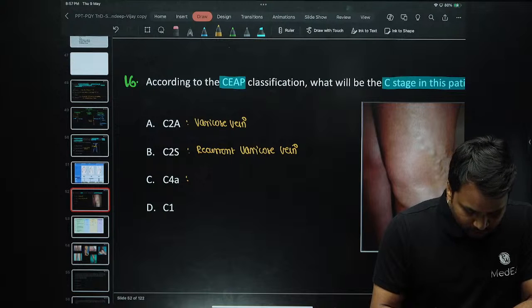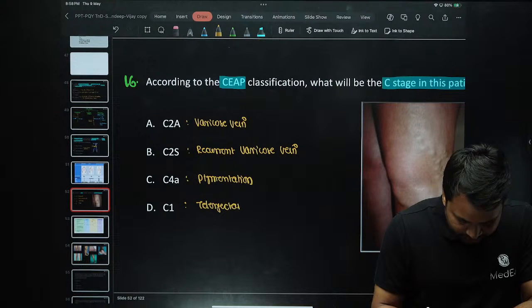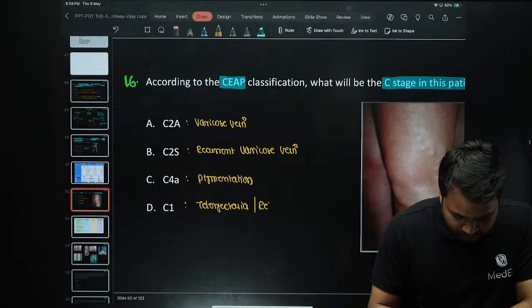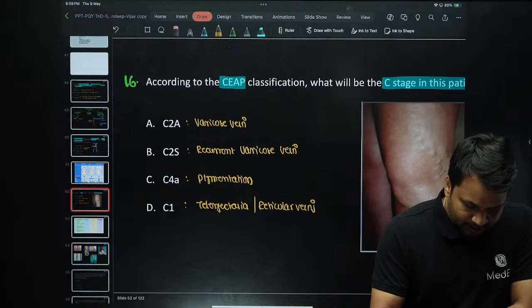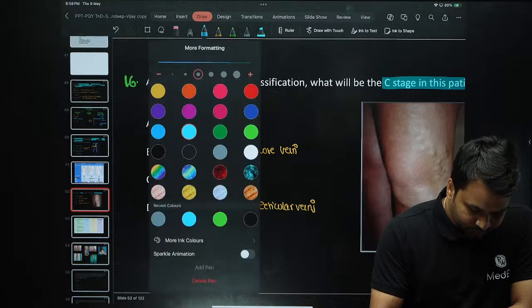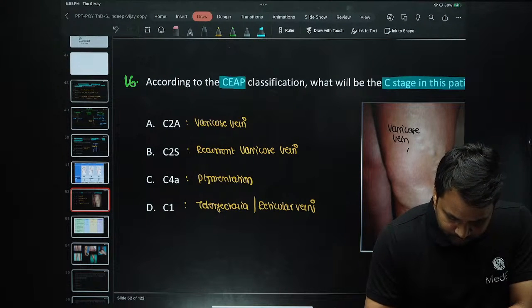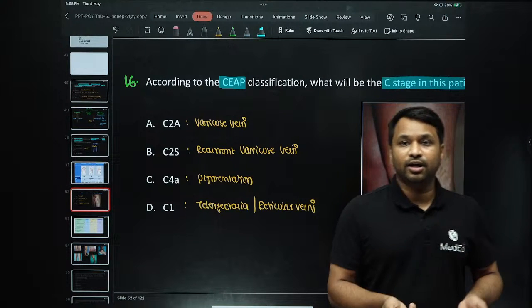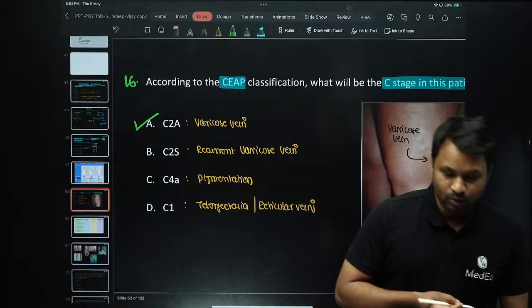C4A is presence of pigmentation, and C1 is presence of telangiectasia or reticular veins, right? So here in the image we have varicose vein, and there is no mention that it is recurring after the surgery. Hence it is going to be option A, that is a C2 classification.